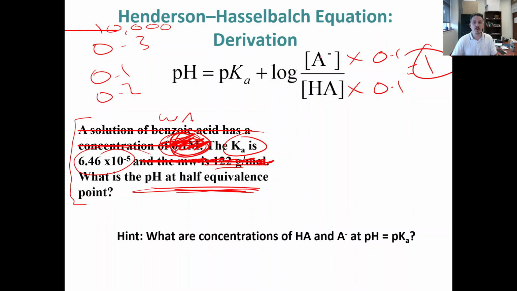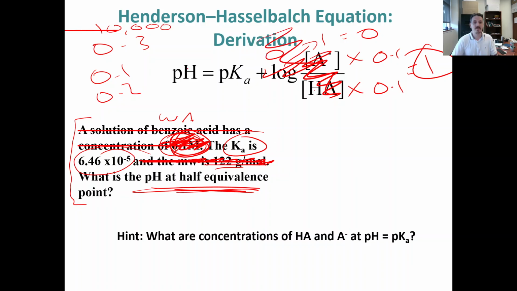So at half equivalence point, this number and this number are going to be the same, and the overall is going to be 1, because it's the same number divided by the same number. Log of 1 is 0. So what you're saying is pH is equal to pKa plus 0.